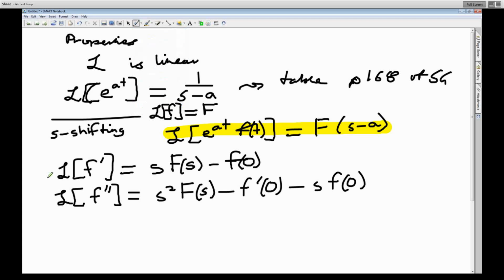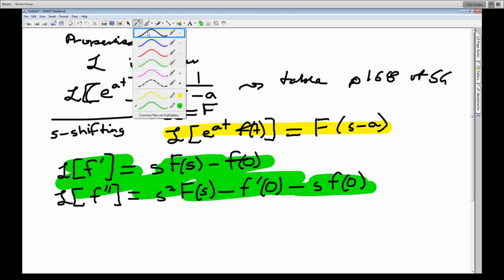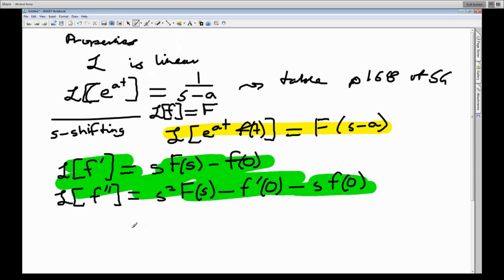So these two results, again, are really useful to help convert from a differential equation into an algebraic equation, because it converts derivatives into just multiplication by s, which is a bit easier to deal with. And that's really the heart of doing it. So that works really nicely if things are completely linear, with constant coefficients. If the coefficients are not constant, then, well, it can be a bit trickier. But some situations can still apply to that.